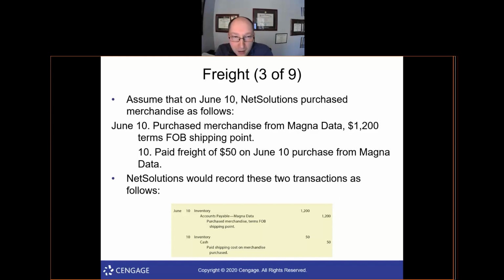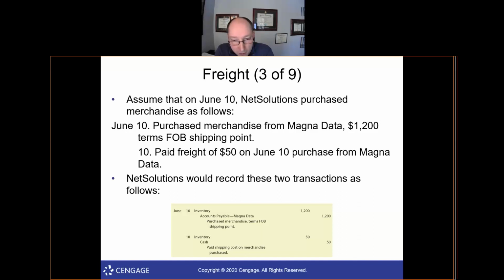We paid $50 for the shipping on that. Free on board only means who's responsible for it, not who pays for it. That's totally different. I paid for the shipping in this example.